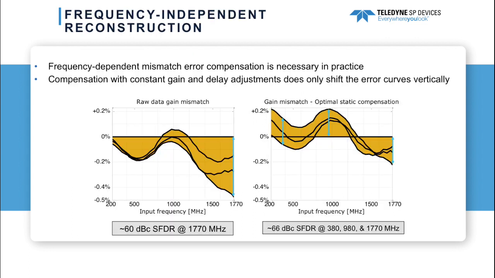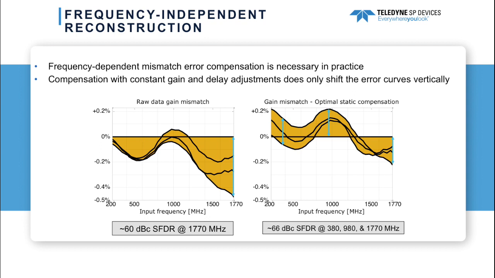A property of time-interleaved ADC mismatch error correction that is central to its success is the ability to compensate mismatch errors over frequency. In practice, mismatch errors vary with frequency. On this slide we see an example of such variation. The figure to the left shows gain mismatch from a commercial 4-way time-interleaved ADC clocked at 3.8 GHz.